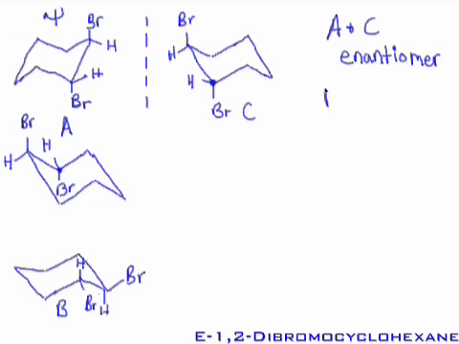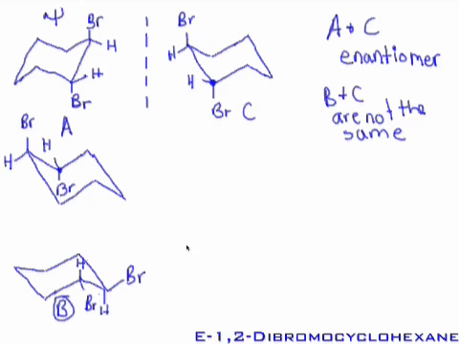B and C, because the bromine's gone equatorial here, are not the same, because C has axial bromines and B has equatorial bromines.